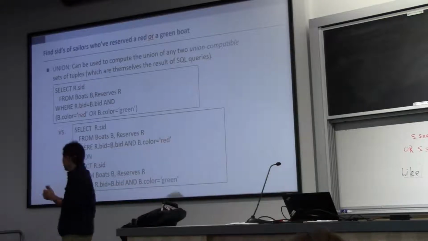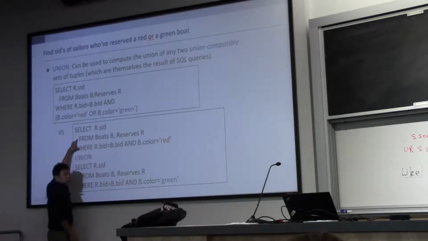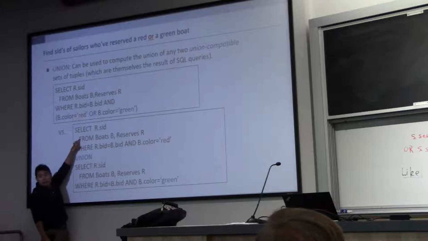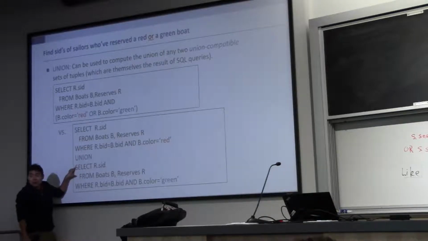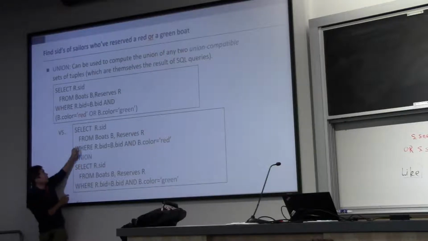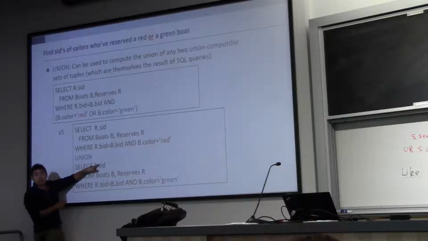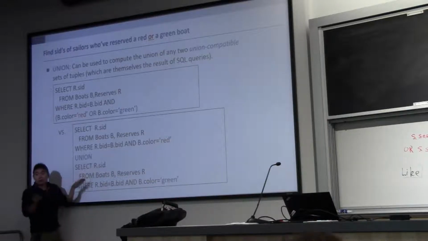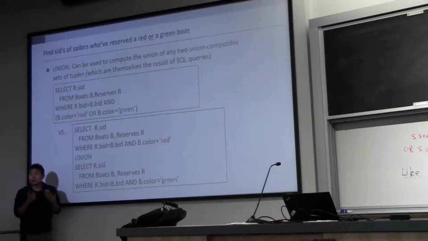What that means is the output schema of this block must be the same as the schema of the second block in order to apply the union operator over them. Does that make sense? For example, you can union SID with SID, but you cannot union SID with, for example, boat ID here. That doesn't make sense. It's an invalid construction.